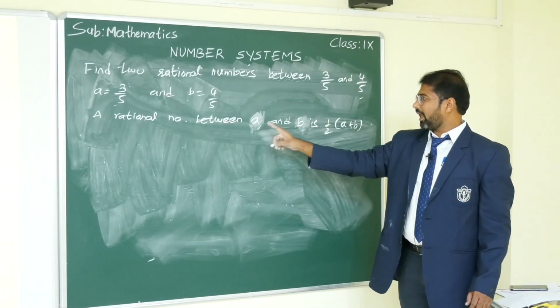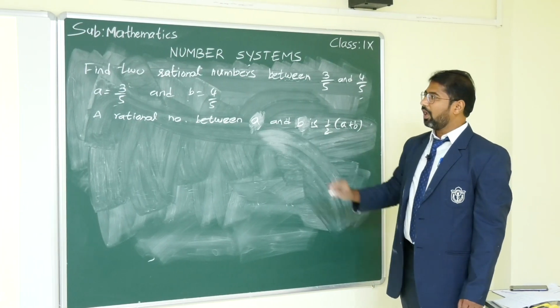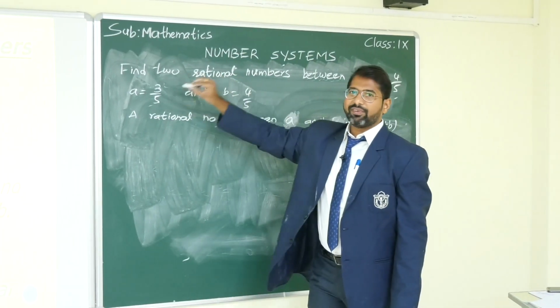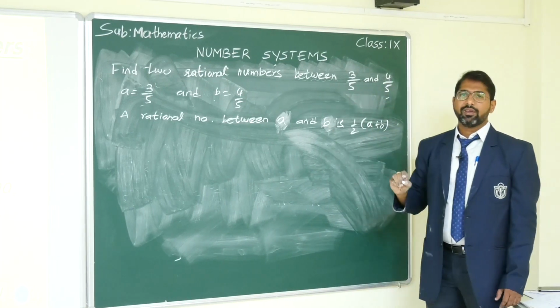A rational number between A and B is half of A plus B. Here A is 3 by 5 and B is 4 by 5.